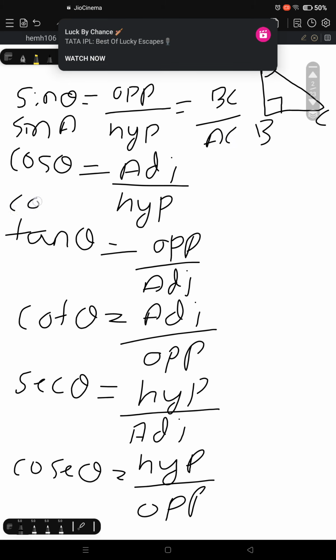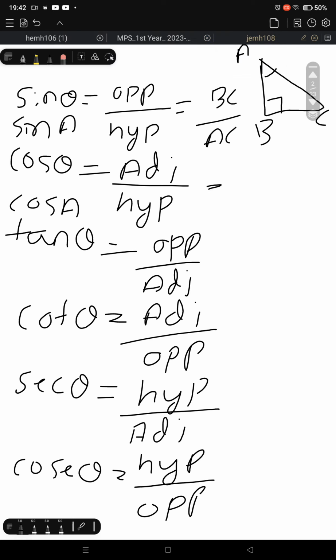Like that, cos A is what? Adjacent divided by hypotenuse. Adjacent here is AB and hypotenuse is AC. Let us consider tan A. For tan A, it is opposite divided by adjacent.